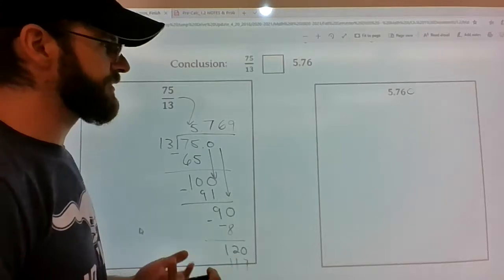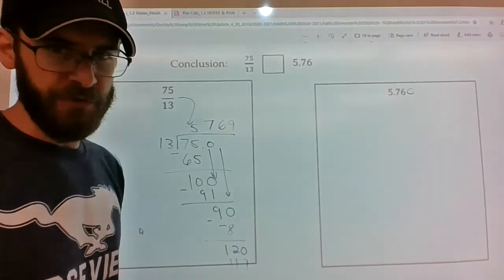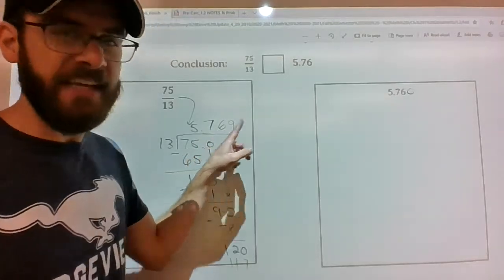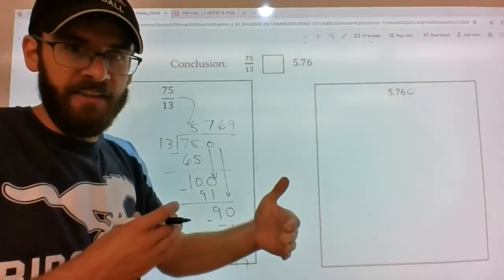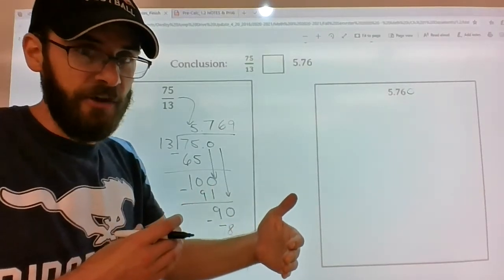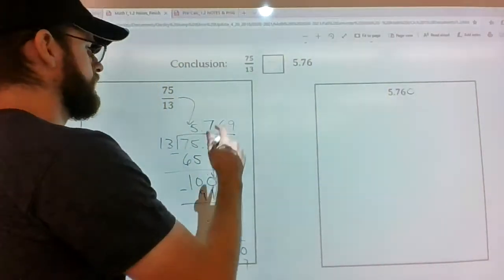But bottom line is, make sure you aren't just making up rules, like if at some place in the dividing they equal each other, it has to be so. No, there's a 9 there and there's a 0 there. You've got to keep it going.